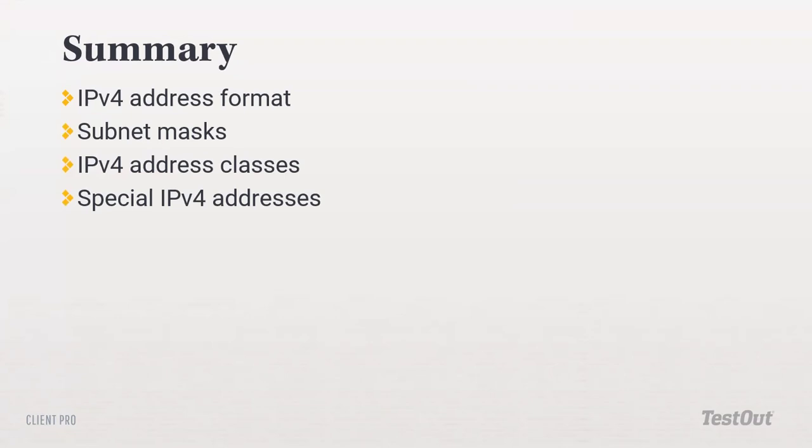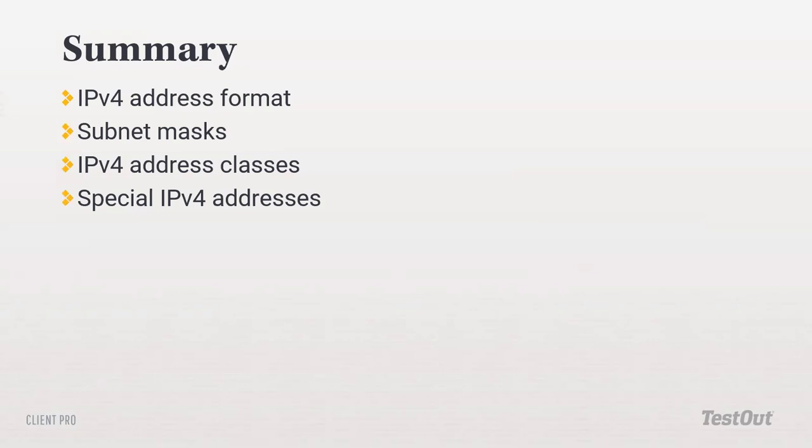So we talked about IPv4 addresses. Remember, we've got 4 octets, 8 bits each. Subnet masks determine which part of the address is the network address and which is the host address. Classes A through E, even though we really only work with A through C for practical reasons, D being for multicasts, and E for experimental purposes.